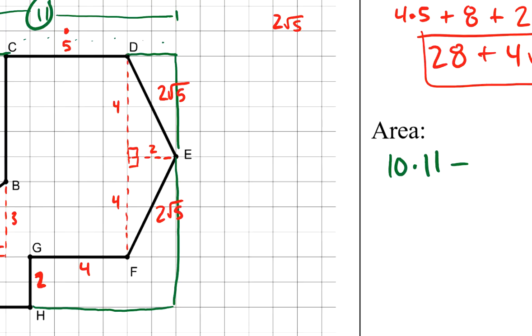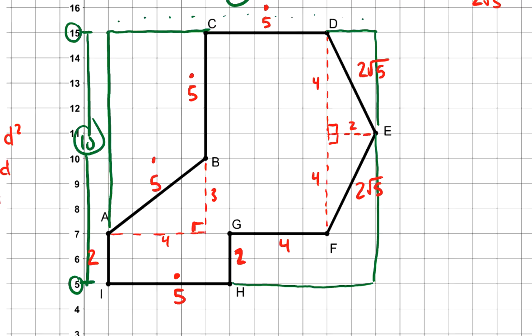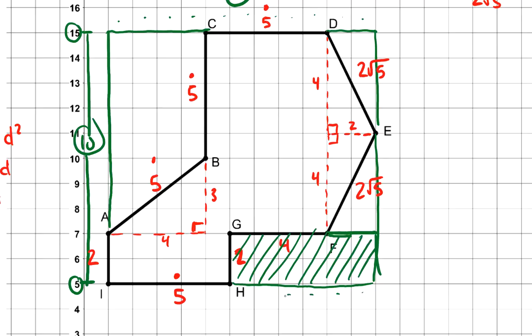So let's figure out what we need to subtract. Probably a simple thing to subtract would be right here, this little rectangle below. And if I look at the dimensions of this rectangle, it's 2 by 1, 2, 3, 4, 5, 6. So 2 times 6 is 12, so I need to subtract this 12 units.